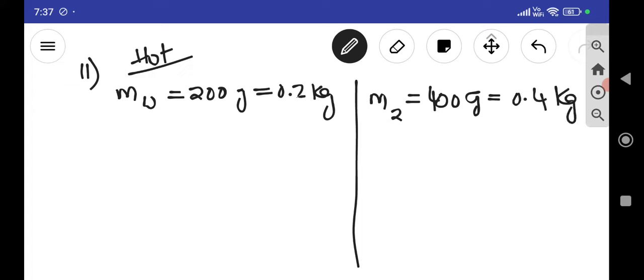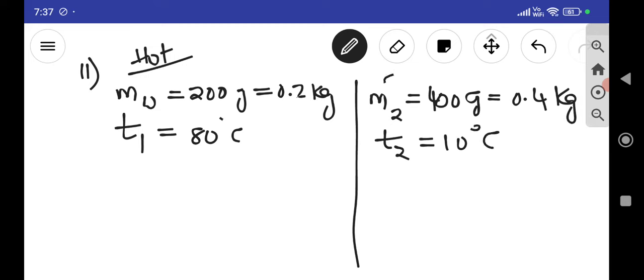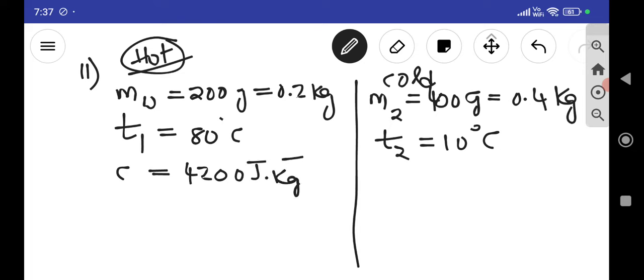We apply the same formula here. Now T1 is equal to 80 degrees and T2 is equal to 10 degrees. Looking at this we can understand that this is cold and here it is the hot body. Now the C value is given, for water it is the same, so therefore both have the same values.